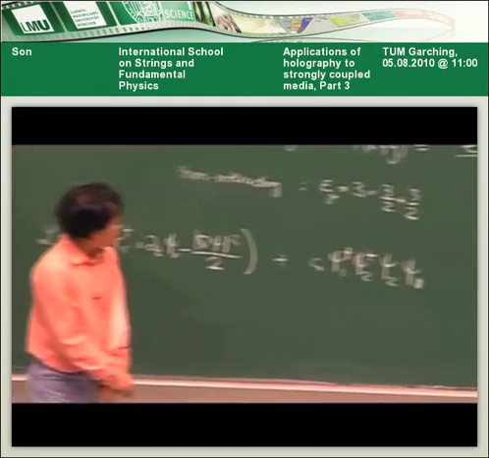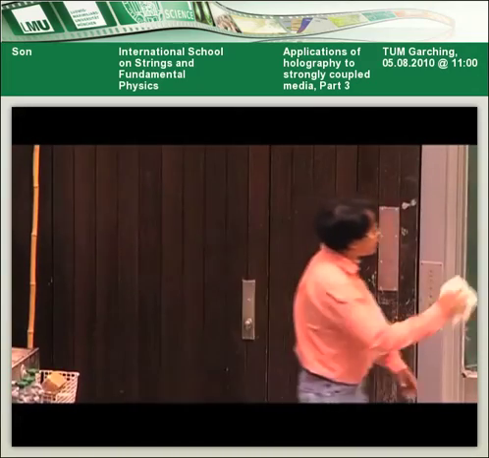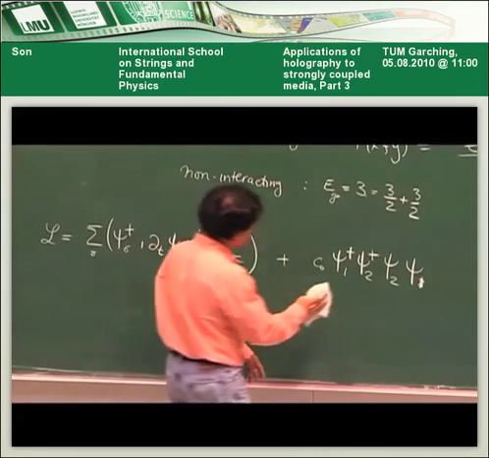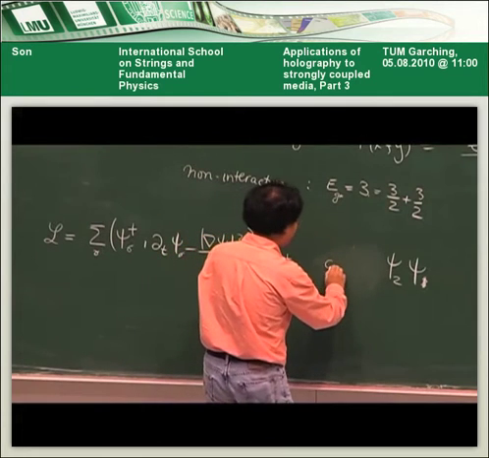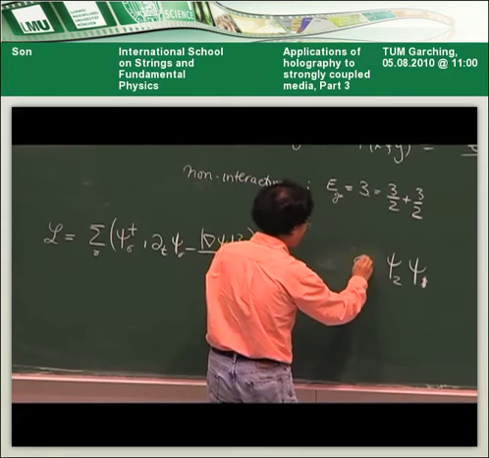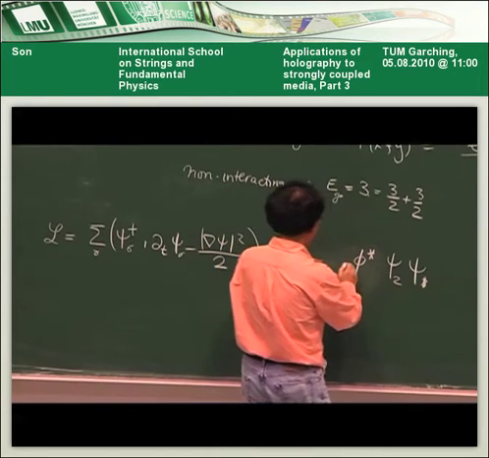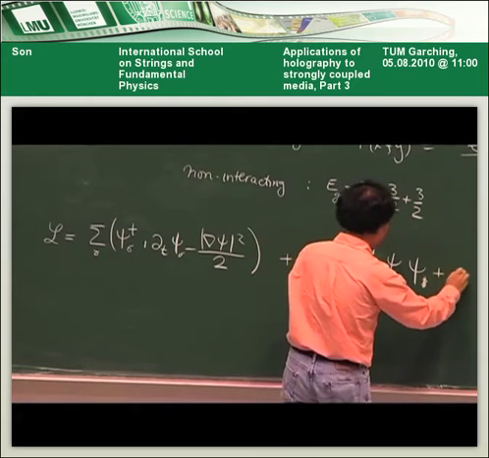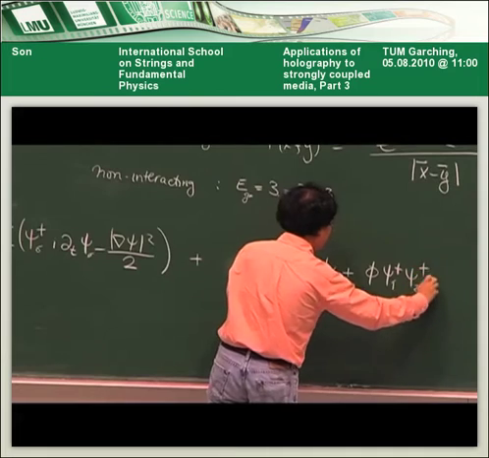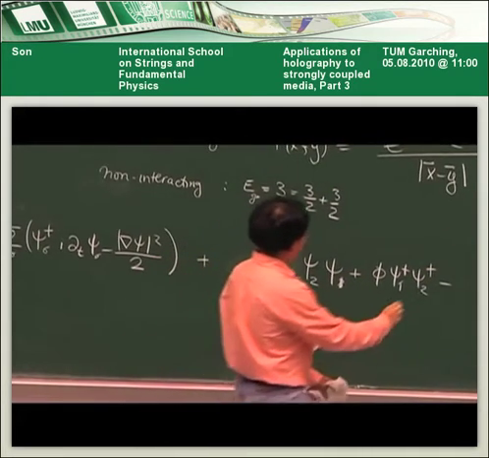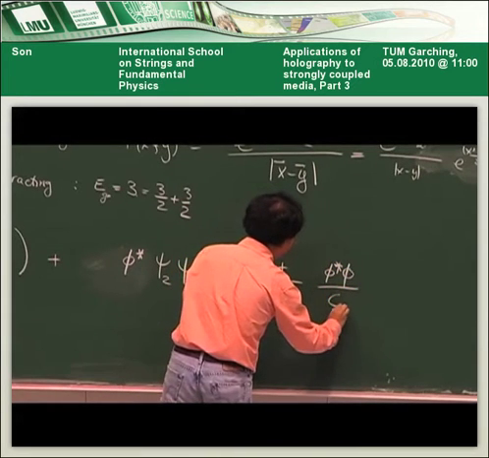To understand that, let me rewrite this Lagrangian in a slightly different way using just a Gaussian trick. That is, instead of having the four-body interaction, I will introduce an auxiliary field phi, and introduce this phi dagger phi divided by c naught.